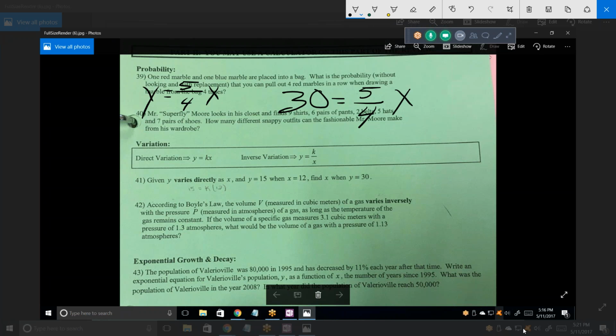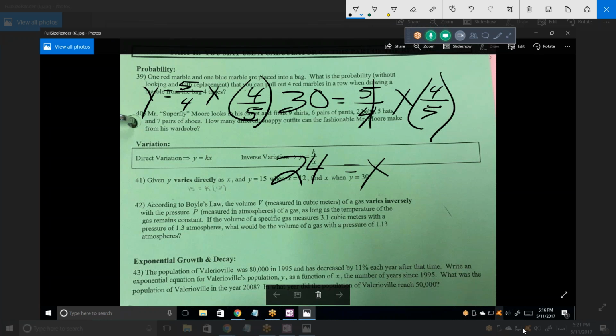Good. Yep, you multiply by the reciprocal of that coefficient. You could do it in 2 steps. That's the one-step method, and I like it. So x ends up being 24. Those always cancel when you multiply by the reciprocal, and that becomes 6 times 4.